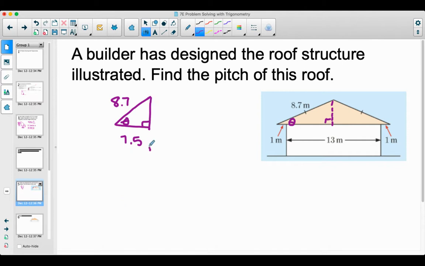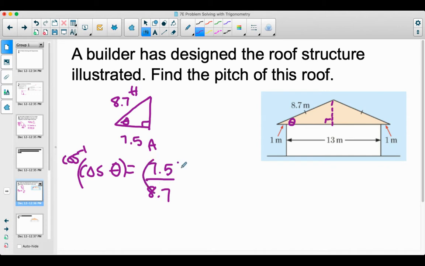If you look, we have our adjacent side and our hypotenuse, which is cosine. So the cosine of theta equals 7.5, which is our adjacent, over the hypotenuse, which is 8.7. If you recall from the last section, we have to do the inverse cosine to get rid of that cosine.